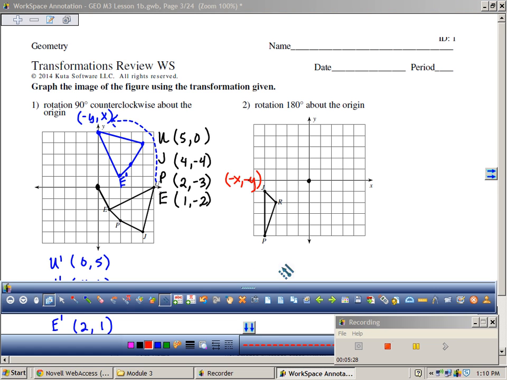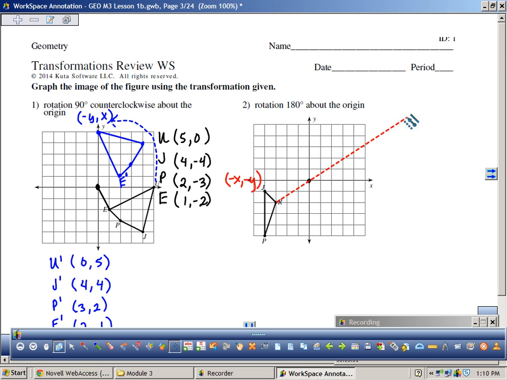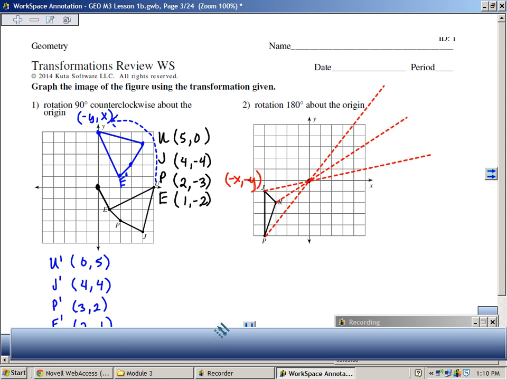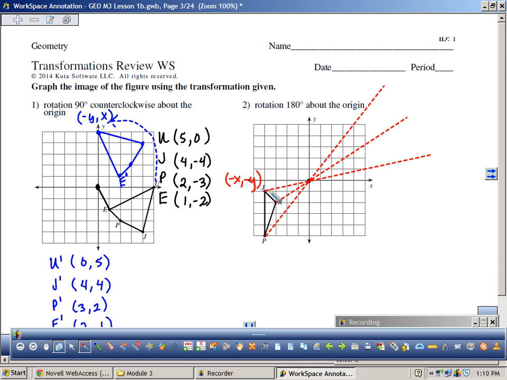If it's straight across, isn't that just right through the origin there? Now I just have to see how far over the origin. How far over the origin am I going this way?